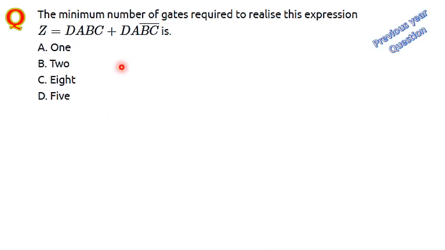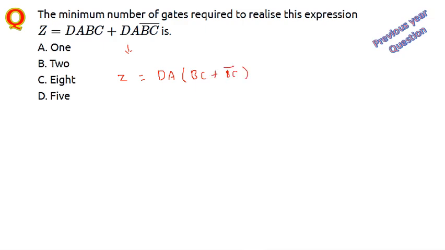First, I am going to simplify this equation. For Z equal to, from this one, what are the common terms, I just take it out, that is DA. So the remaining value here is BC, and here is BC bar.